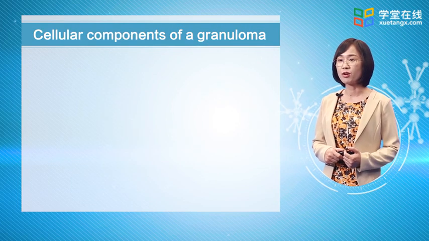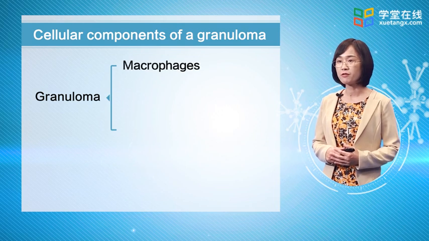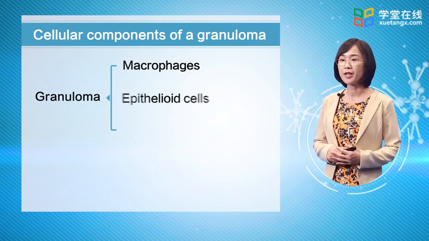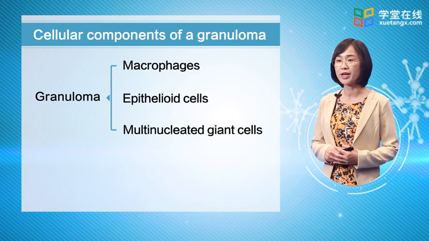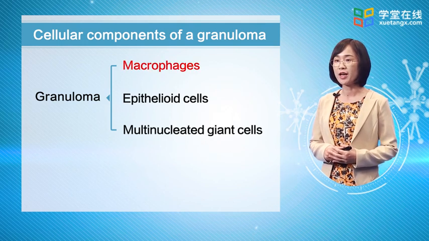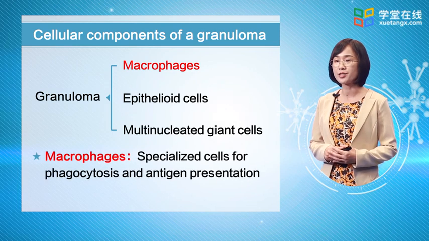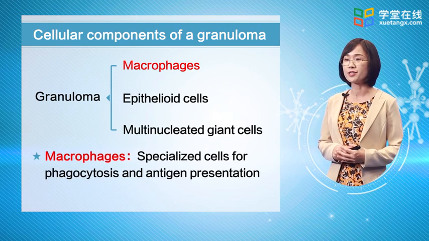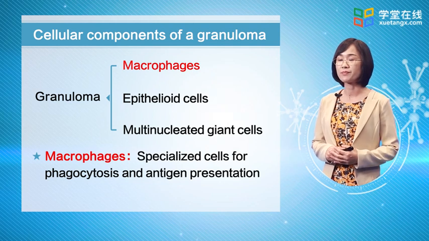Cellular components of a granuloma include macrophages and macrophage-derived cells, epithelioid cells, and multinucleated giant cells. Macrophages are activated and transformed to specialized cells for phagocytosis and antigen presentation.